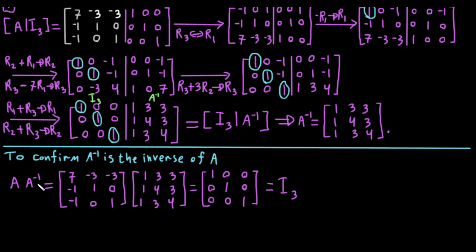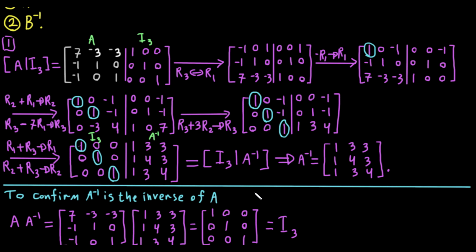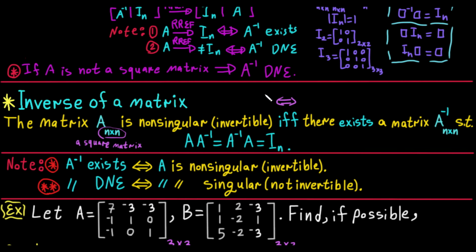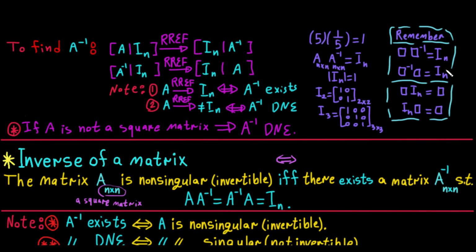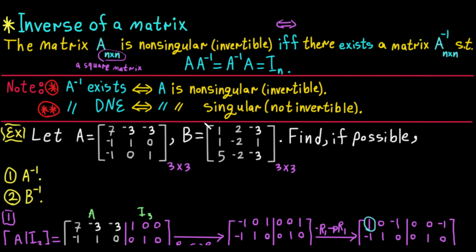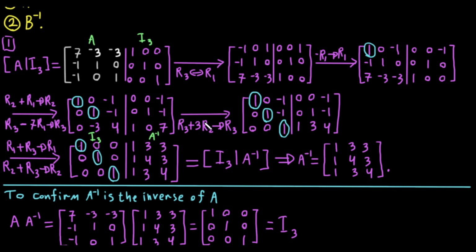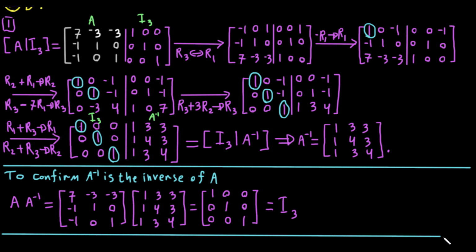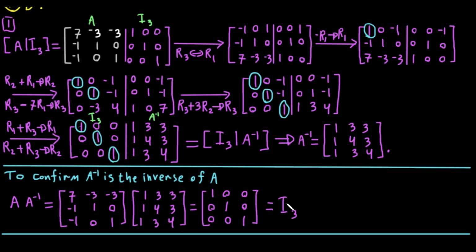The same way, you can multiply A inverse by A, you will get the same identity matrix. So we have applied this rule, which is the same as I wrote here. Remember that any matrix multiplied by its inverse is equal to the identity matrix. Now we confirm that A inverse is indeed the inverse of A.